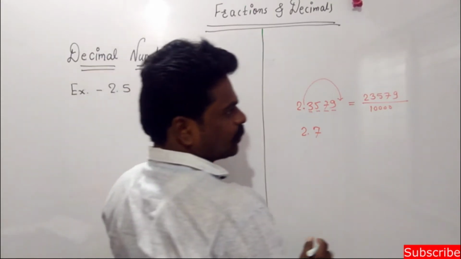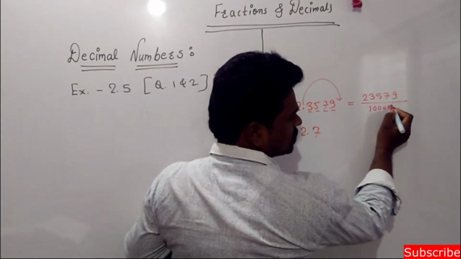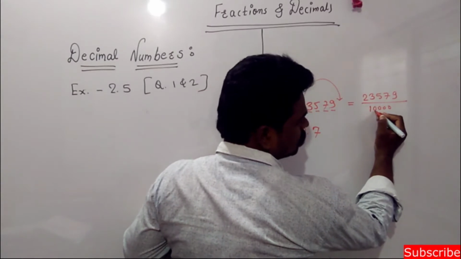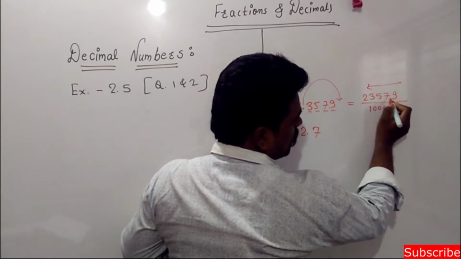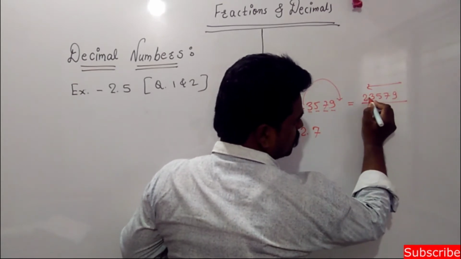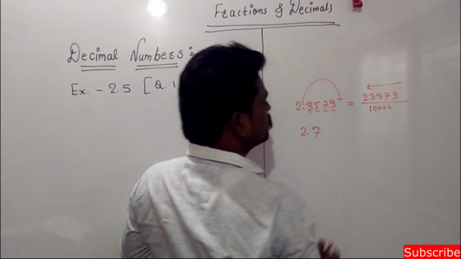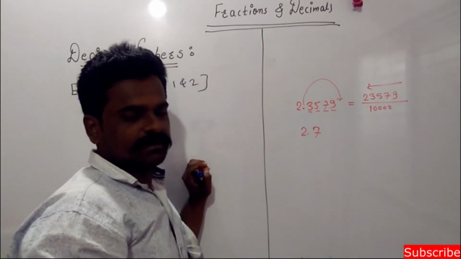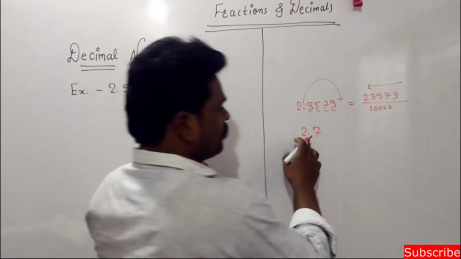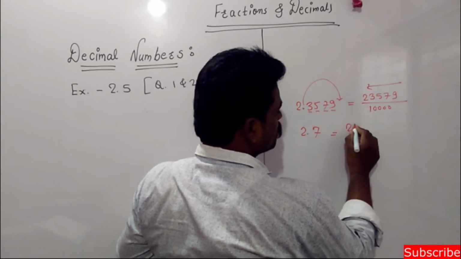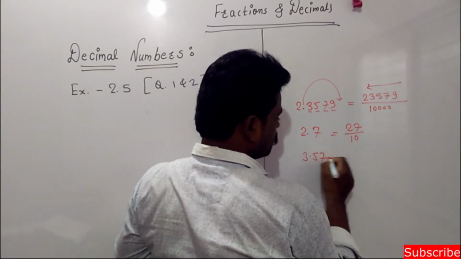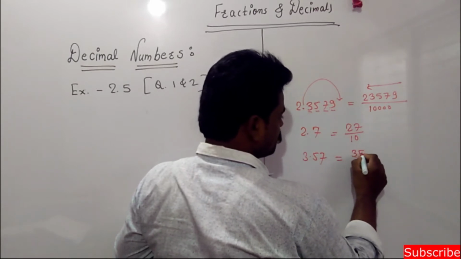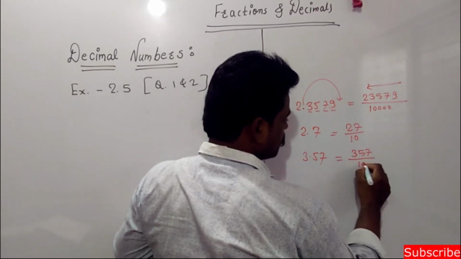And in the reverse way also, if I cancel these 4 zeros, 1, 2, 3, 4, I shift my digits by 4, so you will get 2.3579 as the number. How can we write 2.7? 2.7 is equal to 27 upon 10. How can we write this one? This is 357 divided by 100.